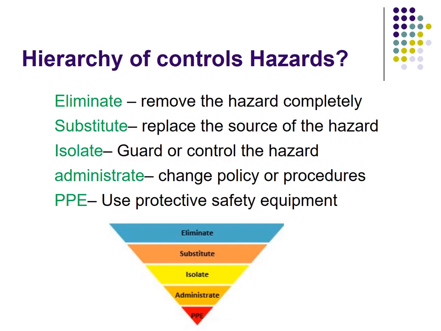Change the policy or the procedure. If there is a hazard caused by the current procedure and policy, we can change the current policy and procedure. PPE, use the protective safety equipment. You should use the protective safety equipment when you are handling the hazard, such as gloves, goggles, or helmet, etc.